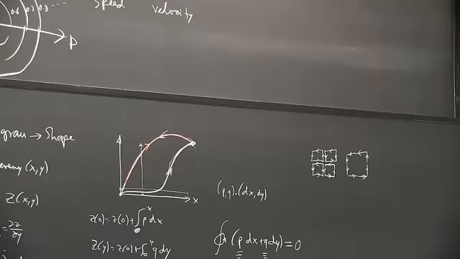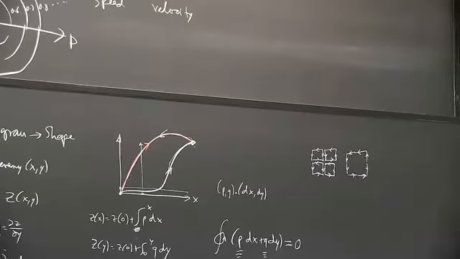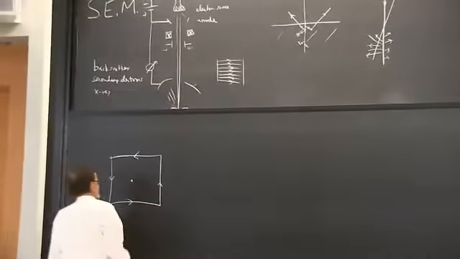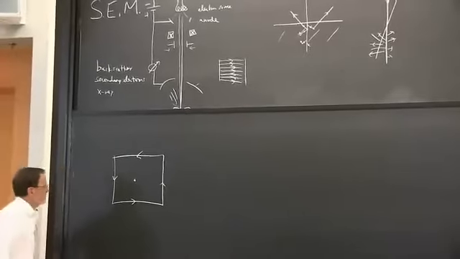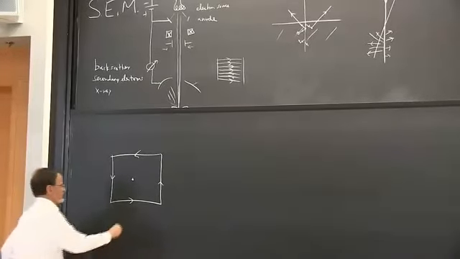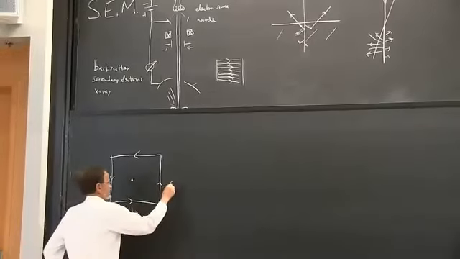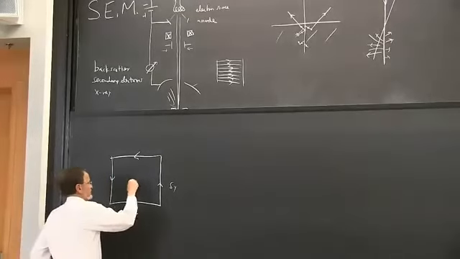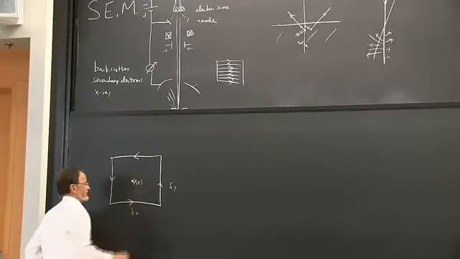So, okay, let's have a small loop of size delta x in this direction and delta y in that direction. And let's suppose that this is the point (x, y).